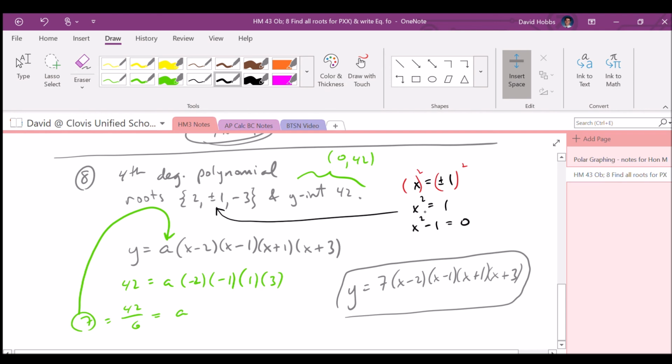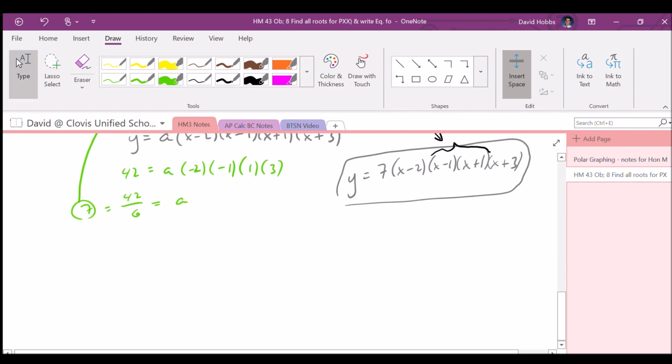So x squared minus 1 contains the roots plus and minus 1. And so can you see the x squared minus 1 could replace the x minus 1 times x plus 1? Yeah, it could. Which one's better? They're both fine. If they want it completely factored, this one where it's x minus 1 times x plus 1, that form is completely factored.